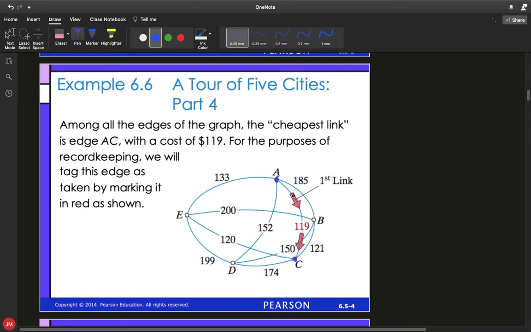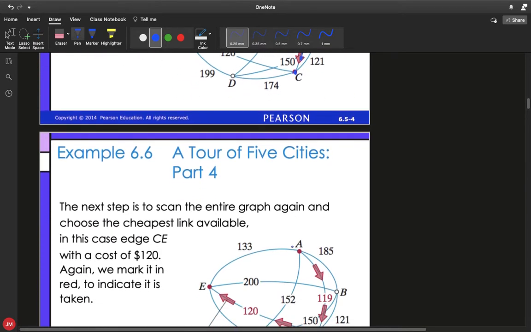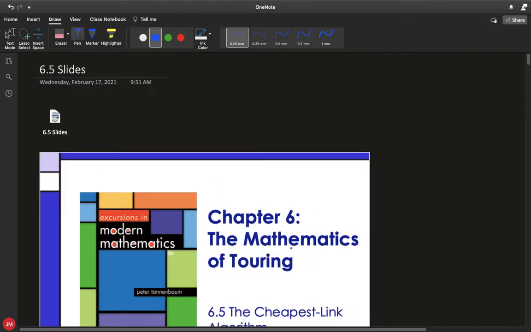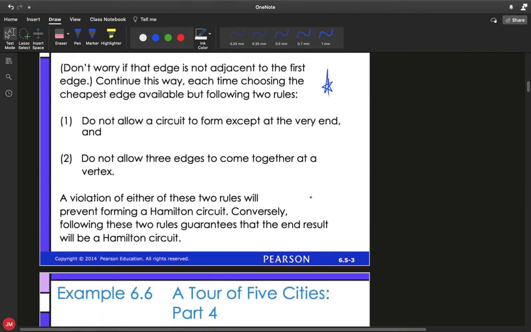And then they've got these arrows indicating our direction of travel from A to C. That may or may not change, we don't know. But we can for sure agree that out of all of the costs on this graph, 119 is the cheapest. Okay. Our next step is going to be to find our next cheapest link.